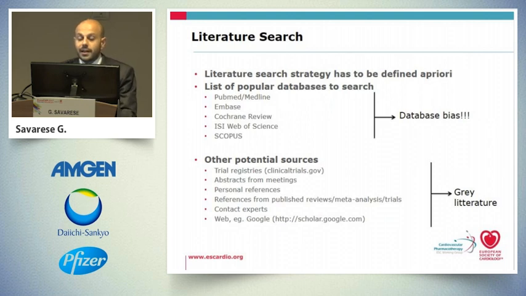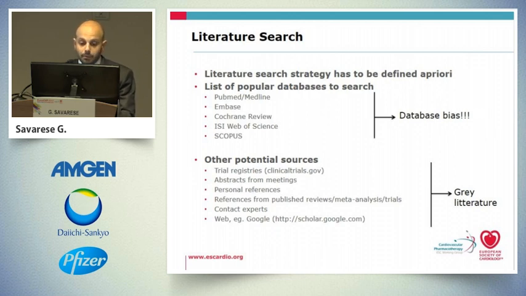So this is a good strategy to perform a literature search. First of all, this strategy has to be defined a priori. Then we have to decide which databases should be used for the literature search. And it's not just necessary to use PubMed, it's necessary to use several databases, because one study could be reported on one database but not on another one.